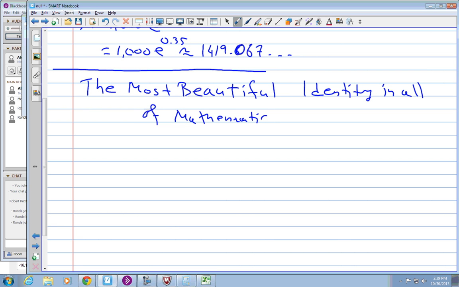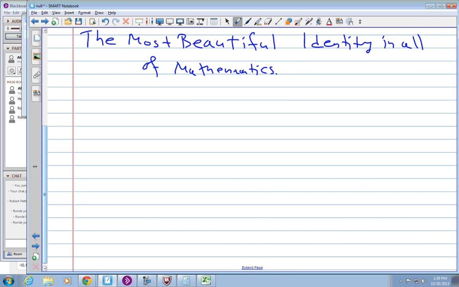You should know it. It won't be on a test, so don't worry about it. It's just a cute thing. Actually, it's called Euler's identity.